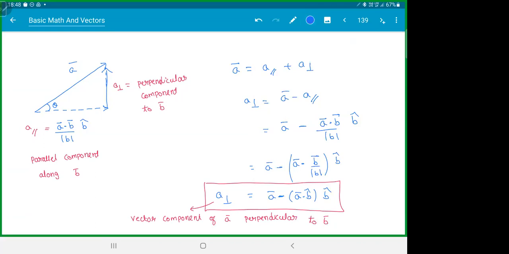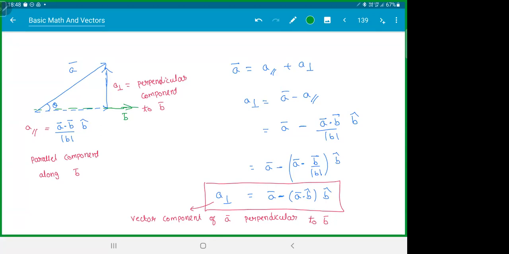How do we know the component is parallel to B bar? This is a B bar vector, right? I didn't draw it here, but this is a B bar vector. Theta is the angle between A bar and B bar. Clear, right, Monica? Confused how we know that is parallel?